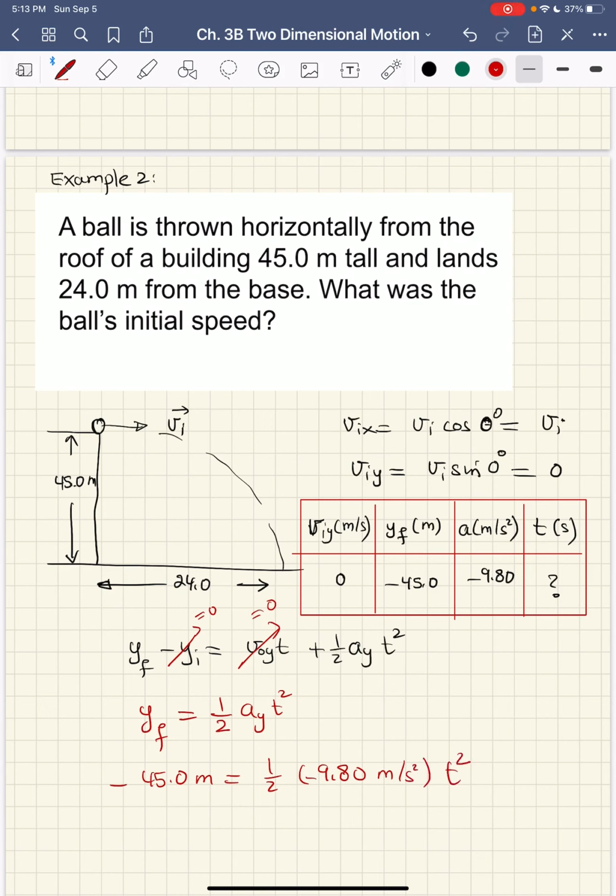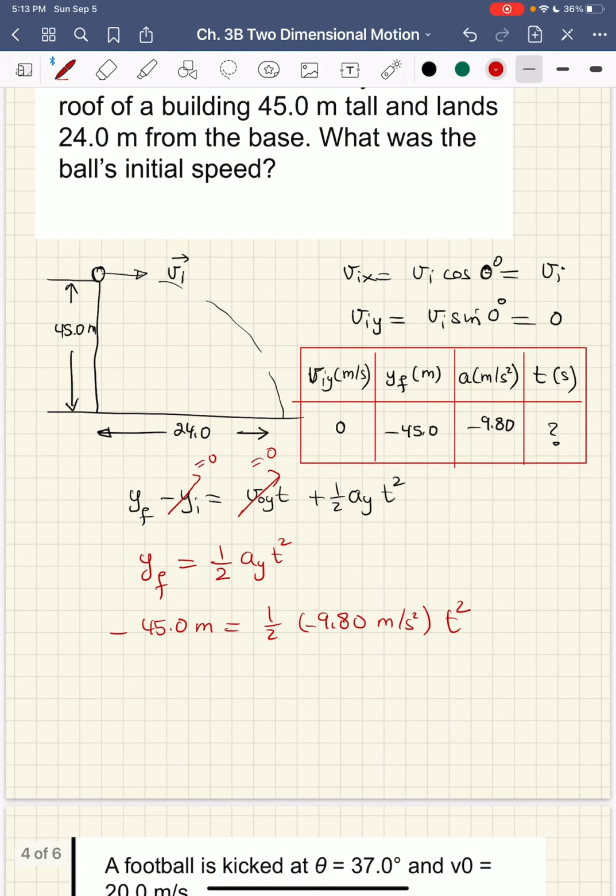In order to calculate t squared, of course, the minus is going to cancel from both. 45 times 2 divided by 9.8 is t squared, and then I will be able to calculate the square root of that, and my t is going to be 3.03 seconds.